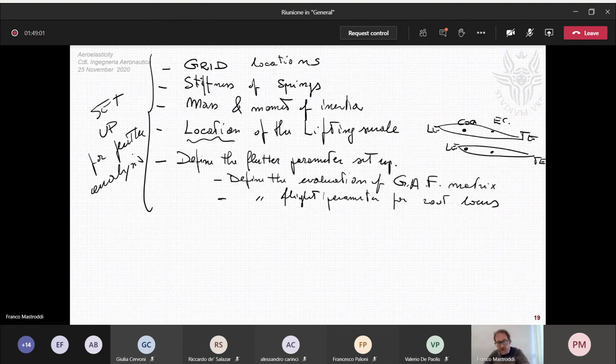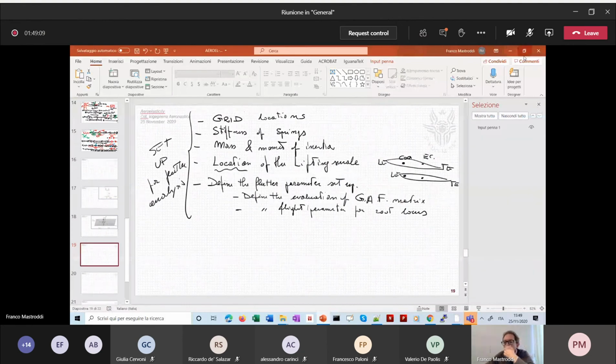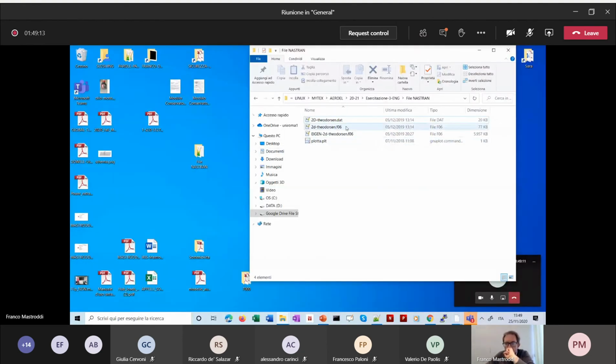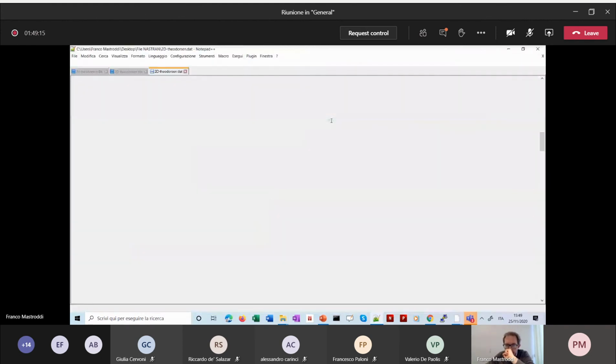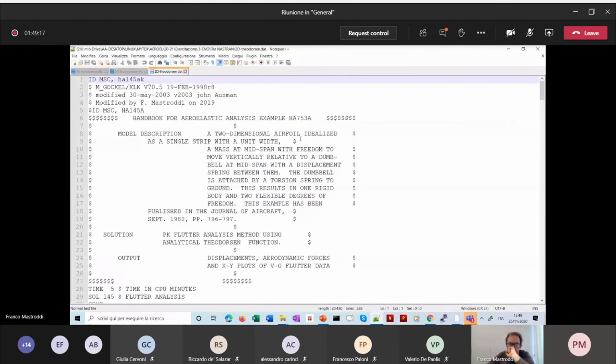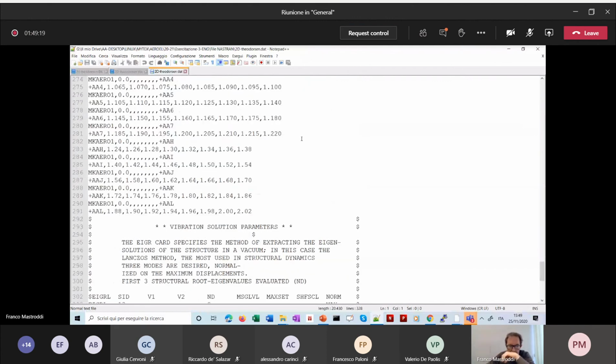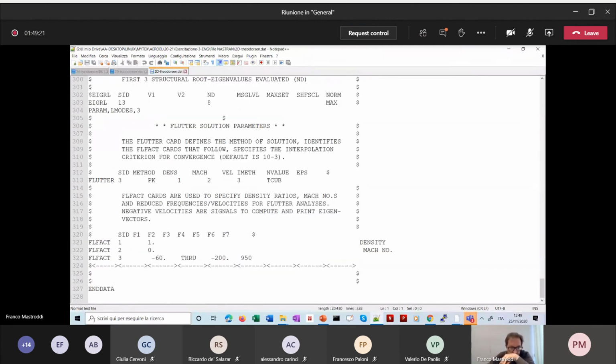And we have just to consider a text file, in particular this text file. This is a text file of about 327 lines.